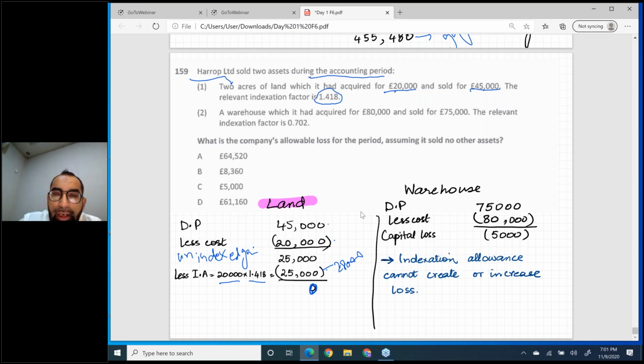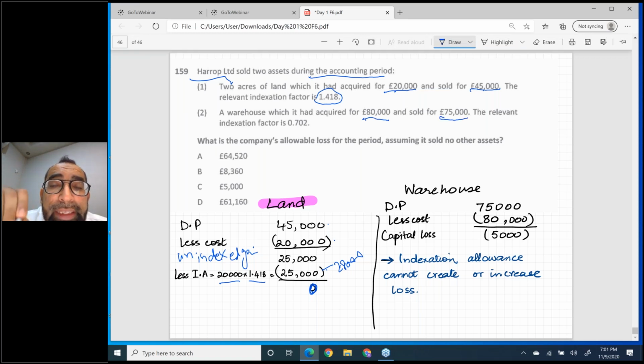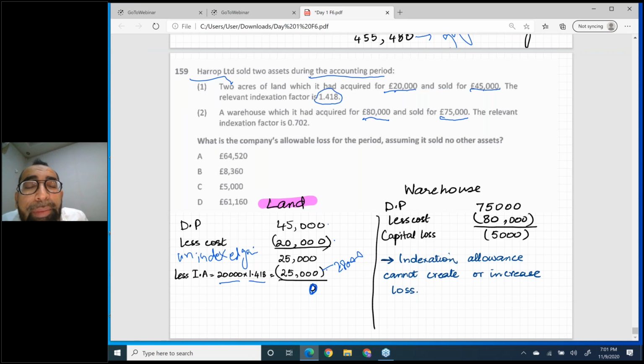Now the second transaction, a warehouse which it had acquired for 80,000. Cost is 80,000 and disposal proceeds are 75,000. That means in the first step you will get a loss number. Whenever you get a loss number, no indexation allowance is available.